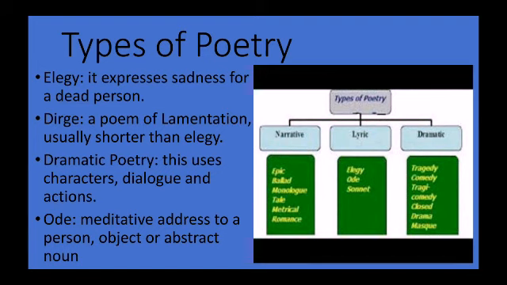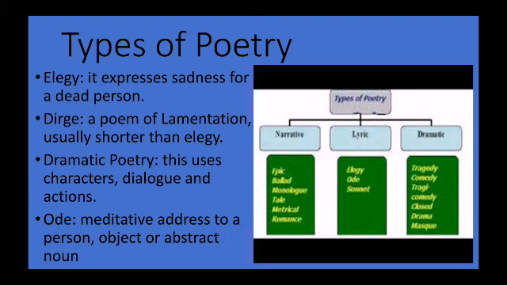It could be a meditative address to a person, to an object, or to an abstract noun. For instance, an example of ode is John Keats' Ode to a Nightingale, which he wrote to appreciate and eulogize a lady whose voice he describes as that of a nightingale, a bird. So odes are usually meditative addresses to people, objects, or abstract nouns.